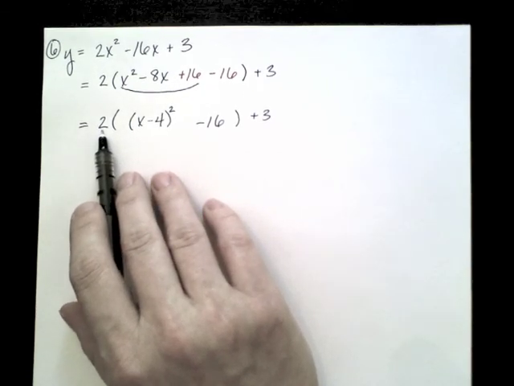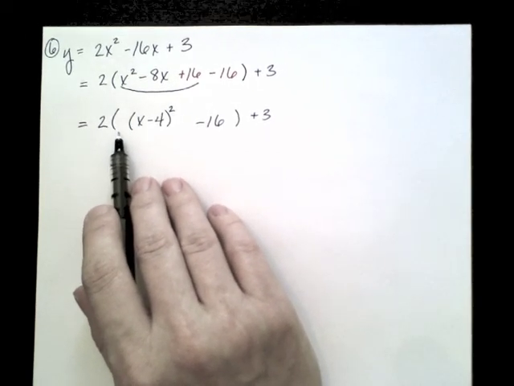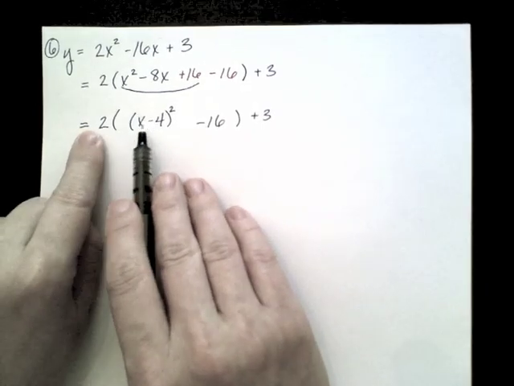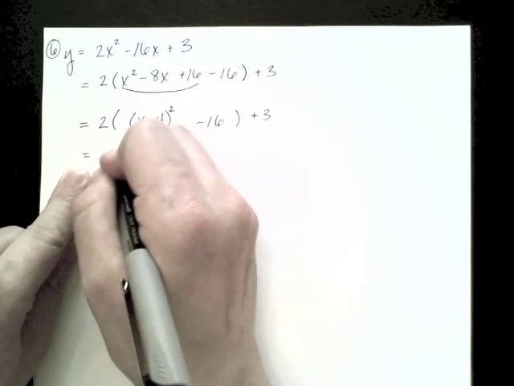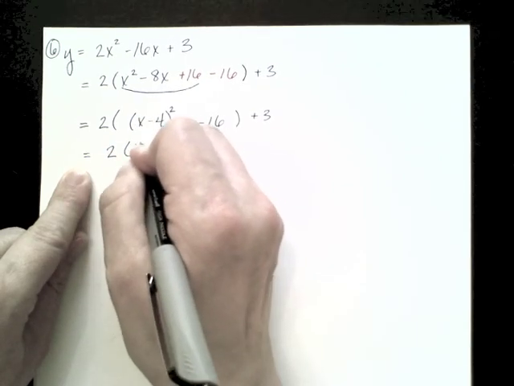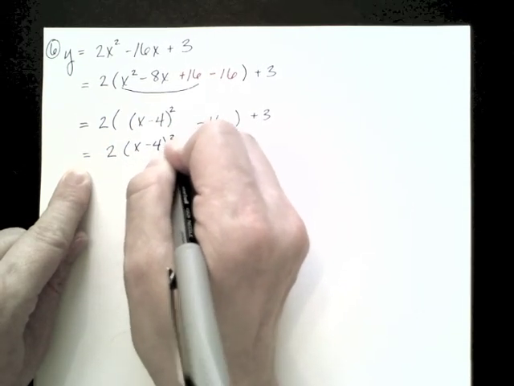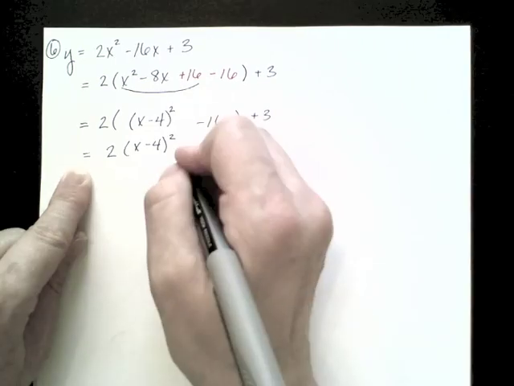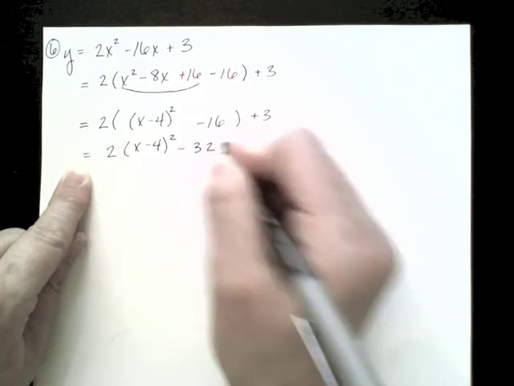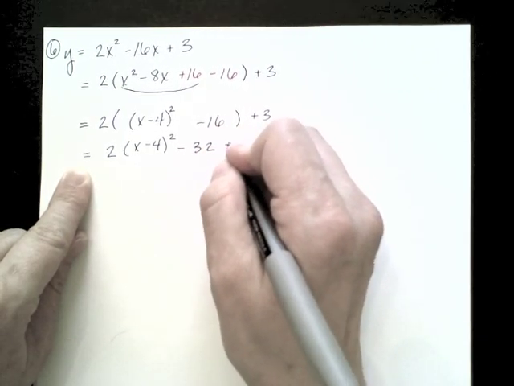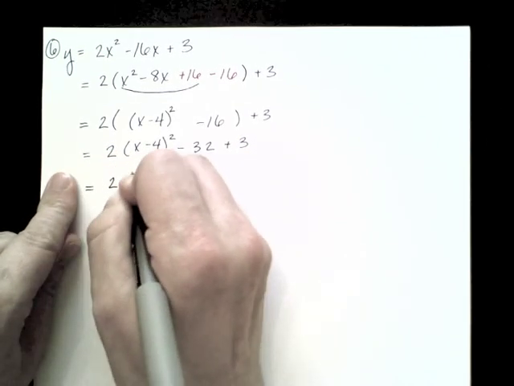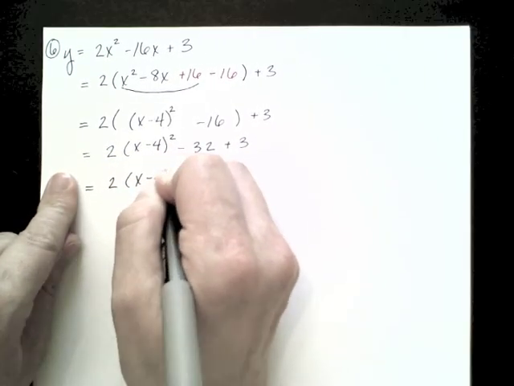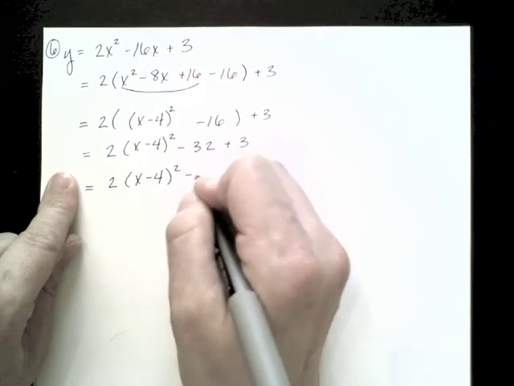So I need to distribute this 2 to each thing. I don't want to distribute inside my perfect square, but I do want to distribute it in front of my perfect square. And 2 times negative 16 will be negative 32. I still have that plus 3 on the end. And so this ends up as 2 times x minus 4 squared minus 29.